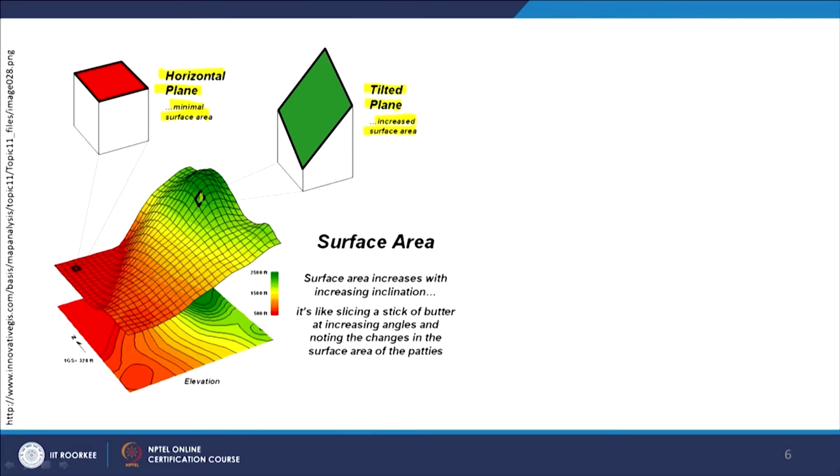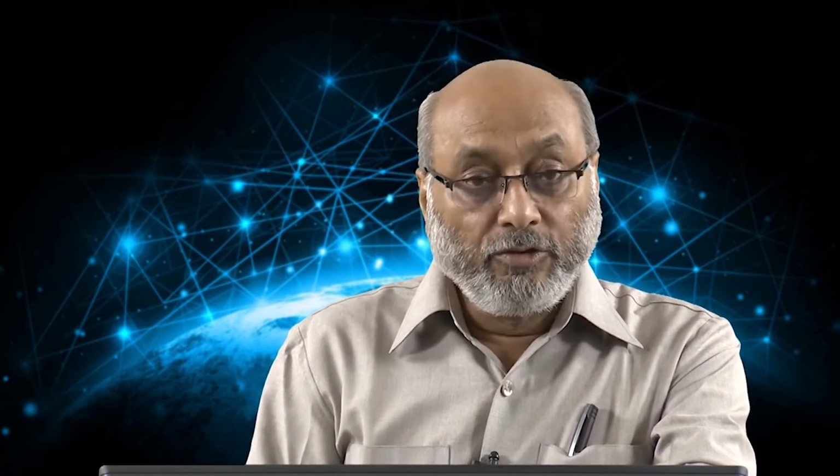The cell in our raster format or in a digital elevation model represents a square area, but that square is not truly a square on the ground, it is a surface area. So in sloping conditions, the area is going to be more.